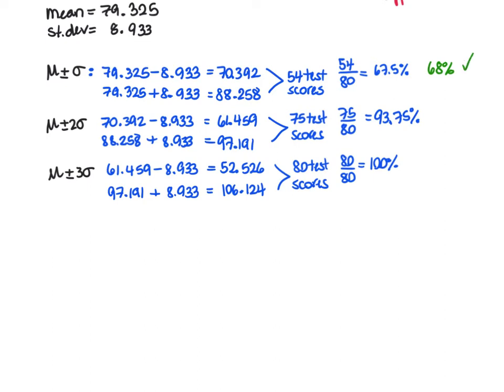The next one is 95% of the data are supposed to fall within two standard deviations, and we're very close at 93.75. And 99.7% of the data are supposed to fall within 3 standard deviations, and of course that checks out as well.